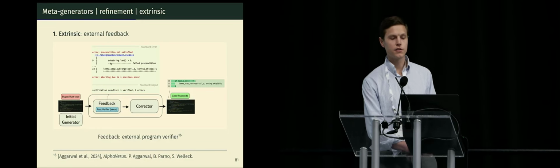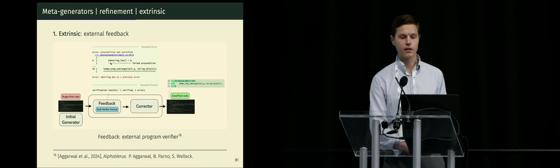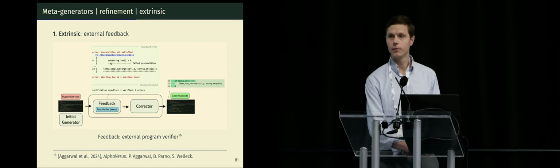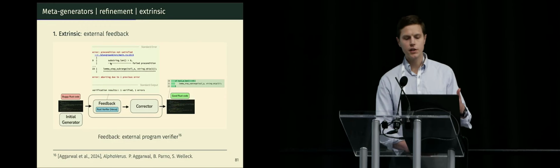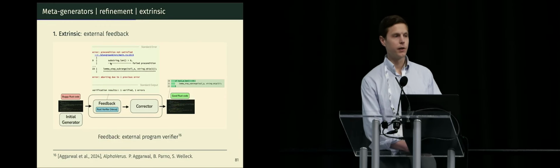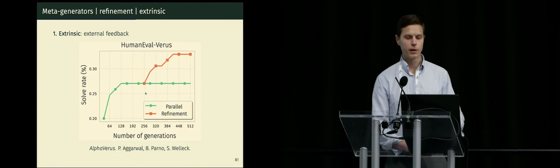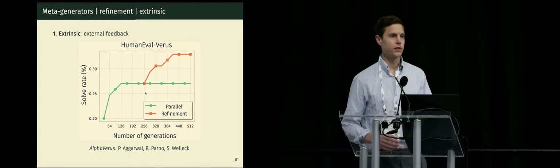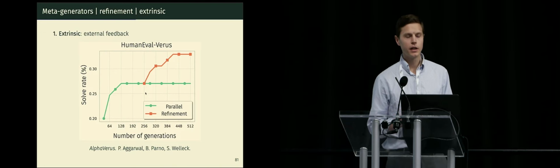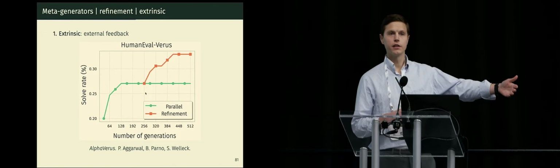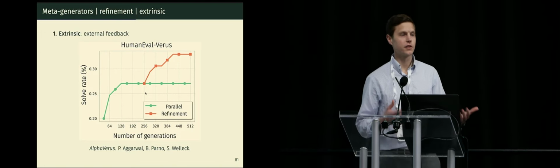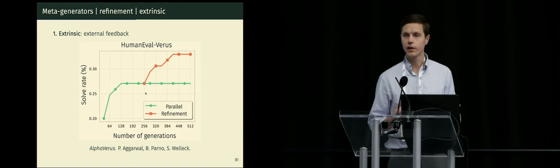It can also give you detailed error messages that can sometimes even localize the error. Then what we do is feed the output of this verifier back to a corrector, which is an LLM. And then hopefully the model generates some improved program. And of course, you can keep running it longer and longer until you eventually find some verified program.